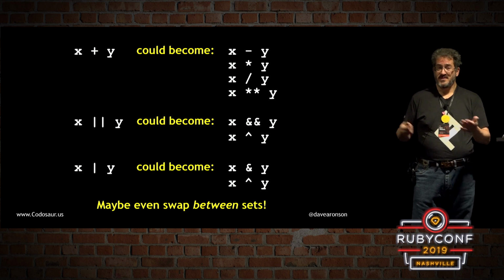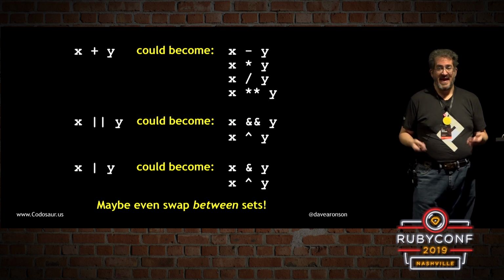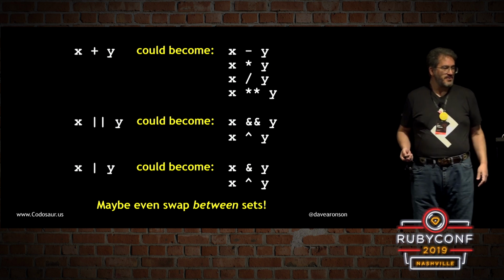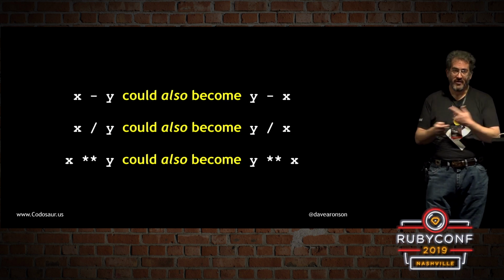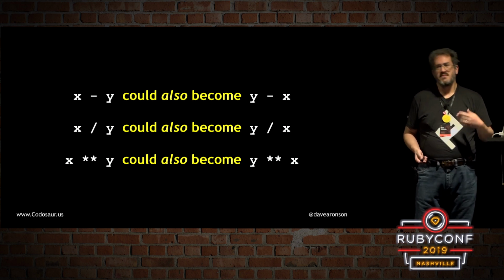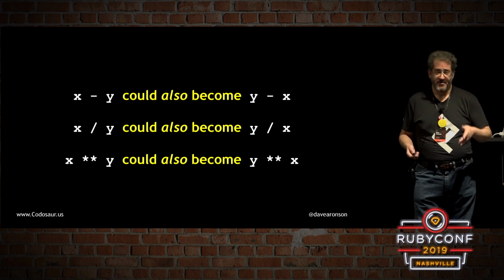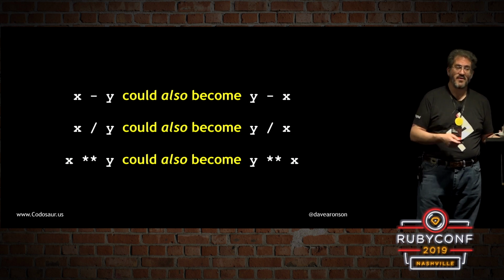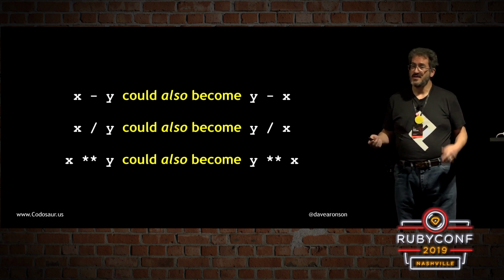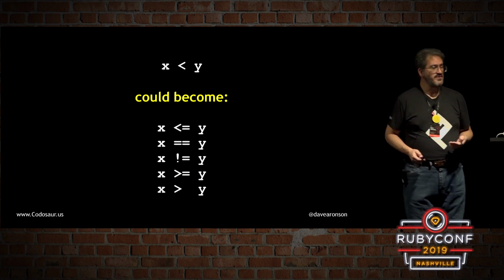So x plus y could be changed to x and y, or x or y. It could change the order of operands in situations where that matters. Most of them are smart enough not to bother doing that with plus, but it'll do that with minus and divide and exponentiation. It could change a comparison from one to another.